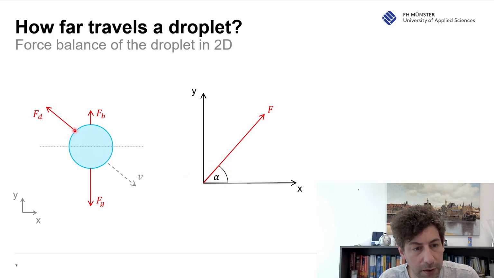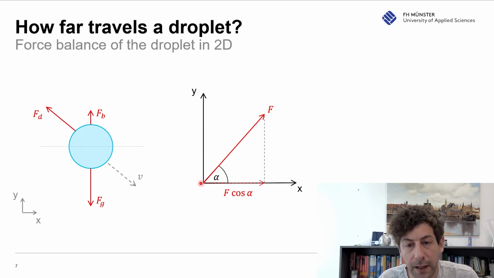It's the angle between the force arrow and the horizontal, or here the velocity and the horizontal. If we have the force, we have an x component, so in this direction a certain part of this force acts, and this is F multiplied by cosinus alpha.